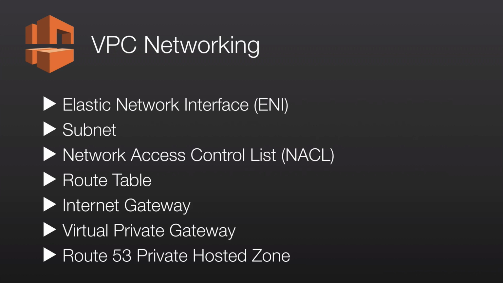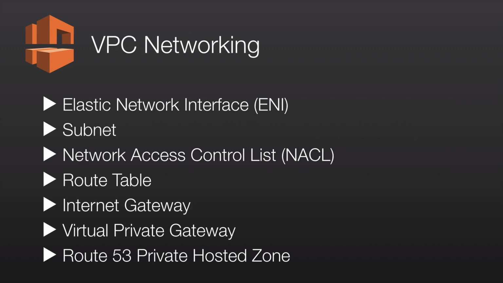ENI, which are elastic network interfaces that you can attach to EC2 instances to get persistent IP addresses that you might use as service endpoints. For example, game servers are quite a good use case for that. Subnets, where you can lay out a topology of your VPC and split it up into separate subnets. Network access control lists that allow you to control traffic flows to subnets and from subnets.